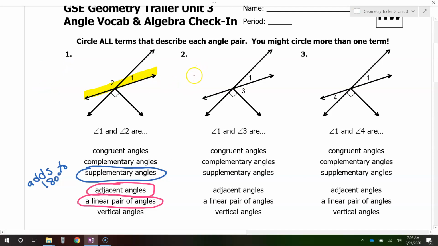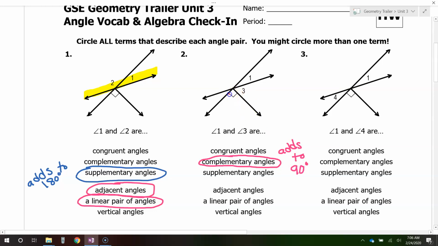Okay, moving on to problem number 2. Angles 1 and 3. Well, these angles are complementary. Let me jump to that first. All right, complementary means that they add up to 90 degrees.